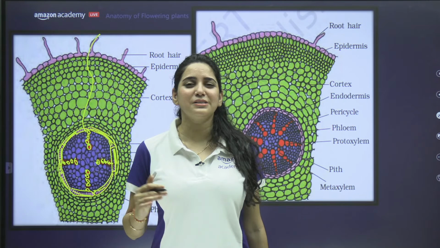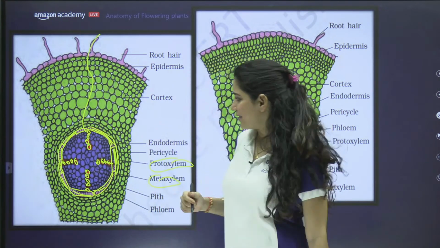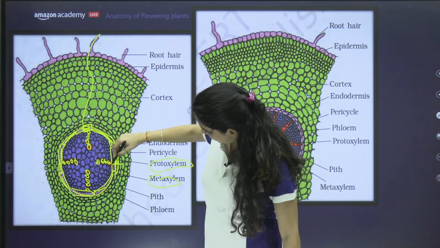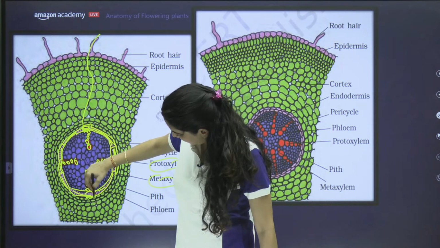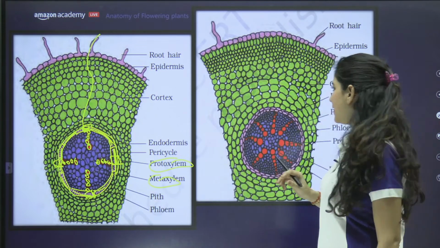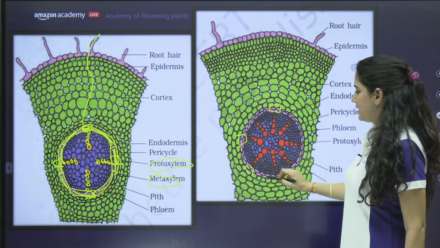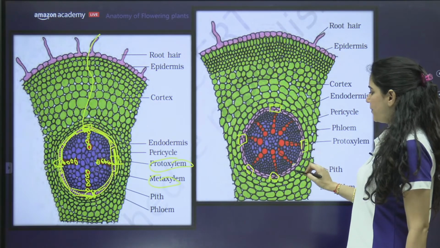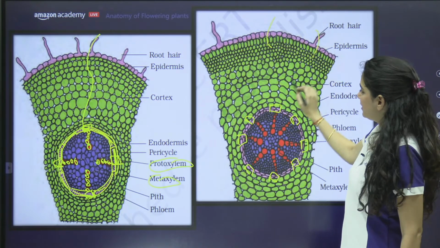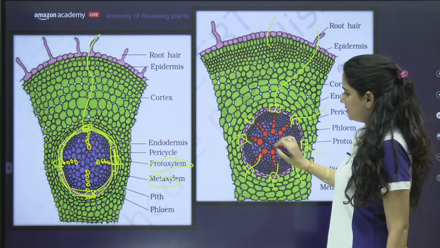Yes, and those cells will be known as passage cells. तो यहाँ पे आपको कुछ पर्टिकुलर सेल दिखेगी, यहाँ पे भी दिखेगी, यहाँ पे भी दिखेगी. So few cells will not have any Casparian strip around them, and therefore water can enter through them into the xylem vessels.